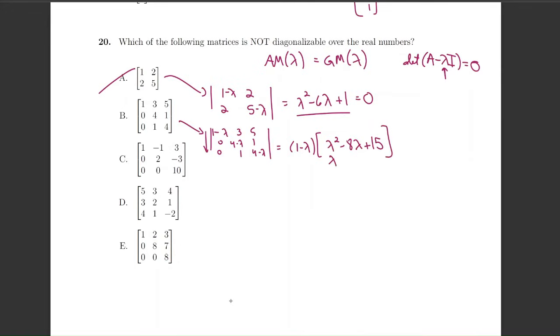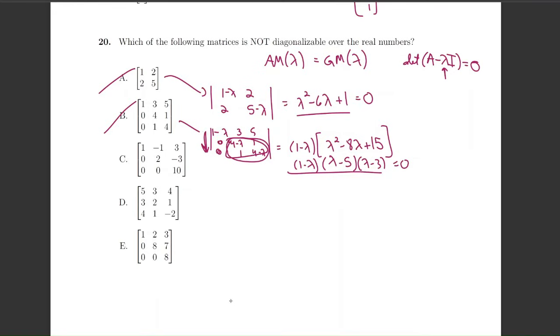Okay, so this can be factored, and that gives me 3 distinct eigenvalues, so that's going to be diagonalizable. If I lost anyone with the determinant thing, I just did 1 minus lambda times the determinant of this, because you delete the row and the column that your entry is in, and then you take the determinant of the rest. And because I'm expanding down this way, these zeros mean that I don't need to do anything else apart from this first expansion.